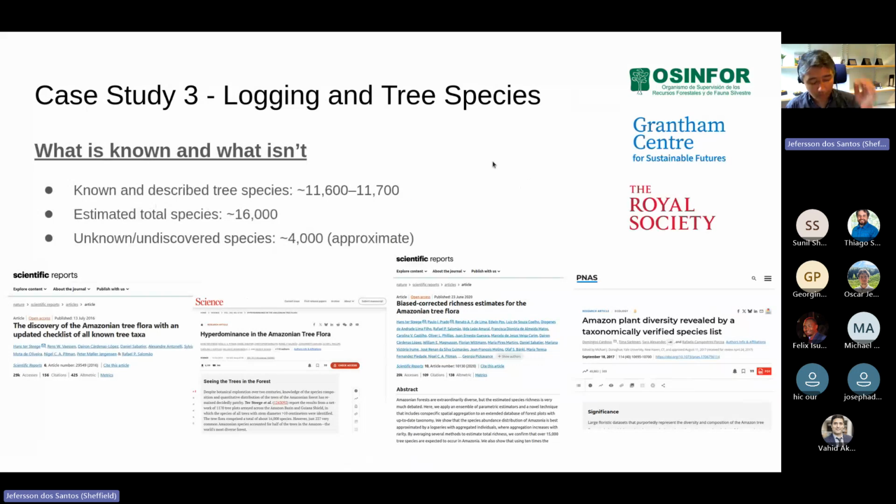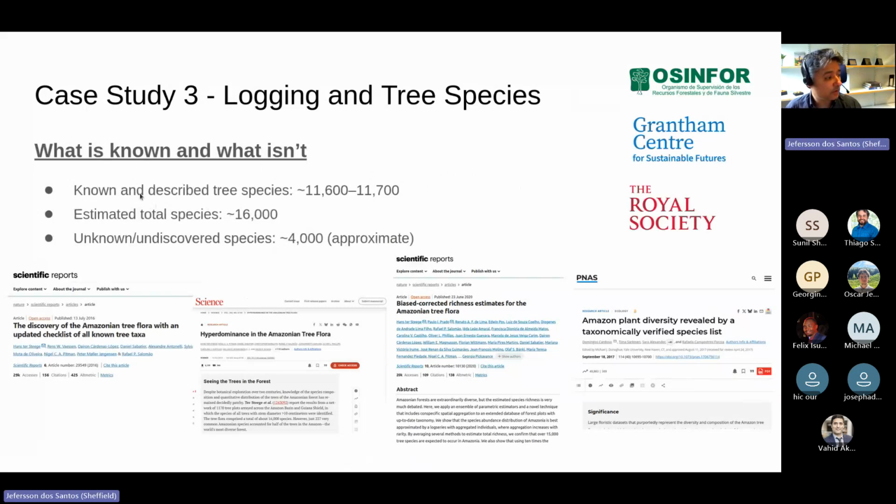Another aspect of this project that is related to my research question is regarding new species. Some species are very poorly recognized so far.